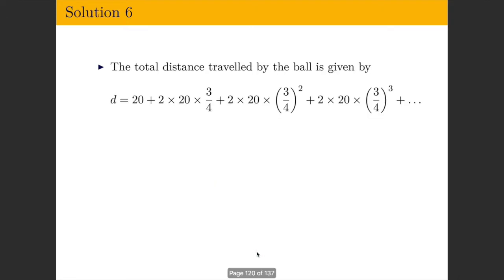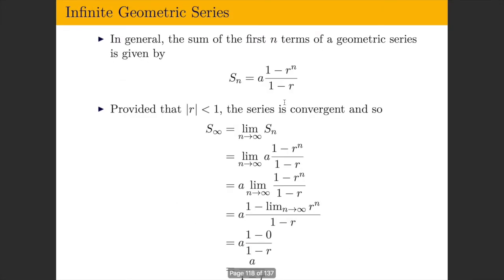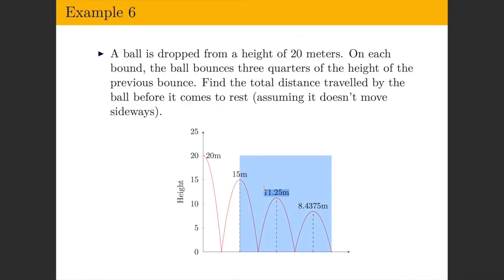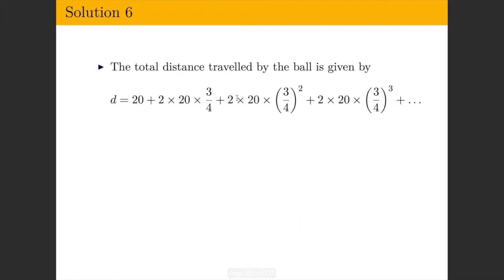And equally, we've got 2 lots of 20 times 3 on 4 squared, which is the 11.25 meters. Again we multiply by 2 because it goes up and down.